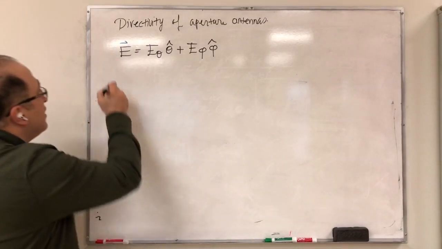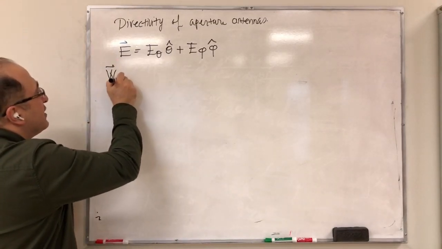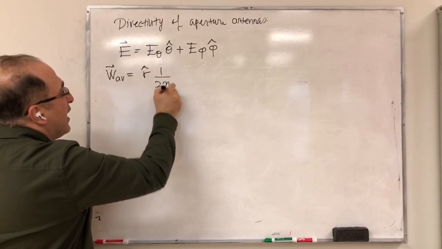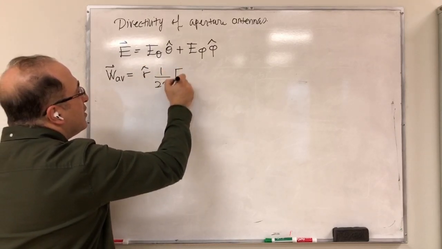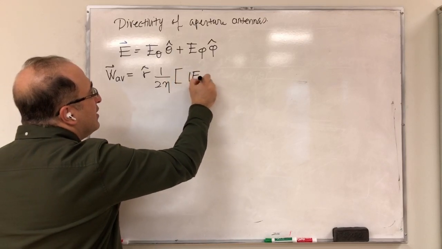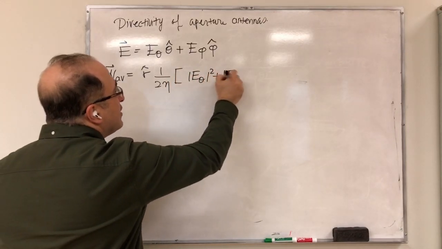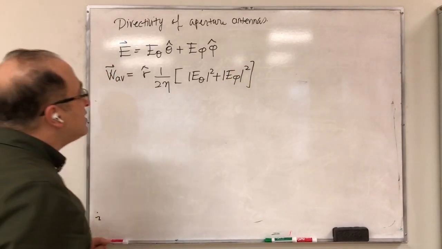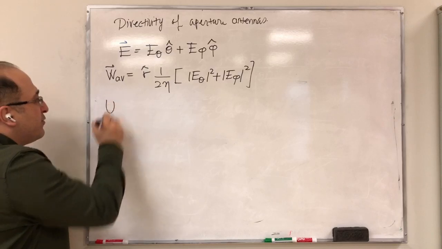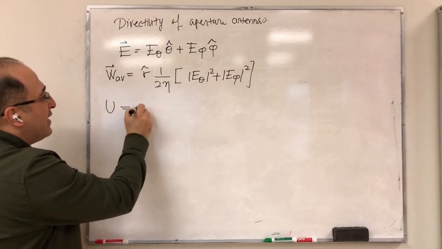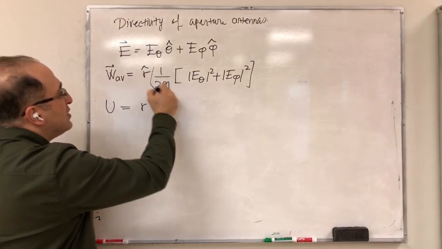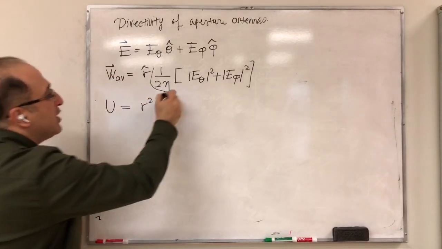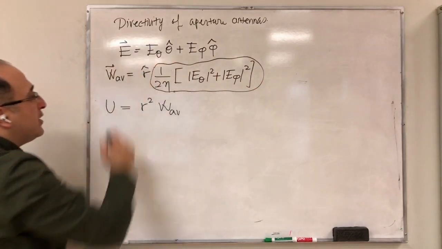After that, you can find average power density. You know that that's going to be in the R hat direction, and then you have your magnitude of E theta squared plus magnitude of E phi squared. That's your average power density. And then you can find your radiation intensity, and that would be R squared times this portion, which I'm going to just write as W without the vector sign.